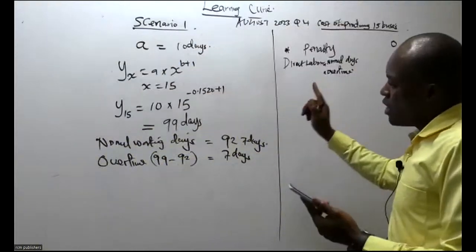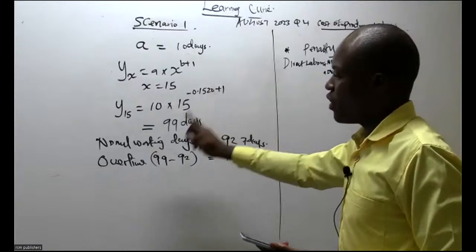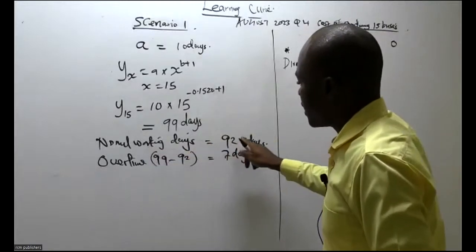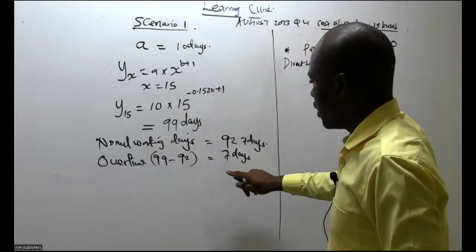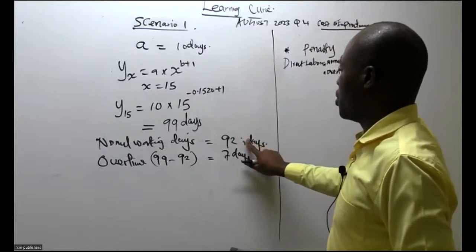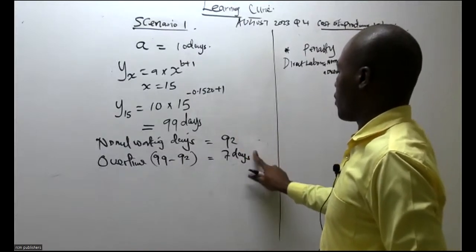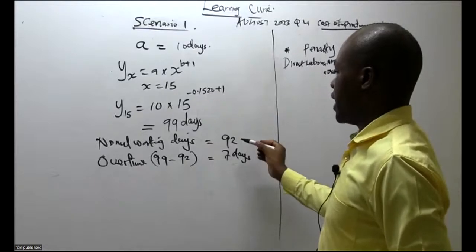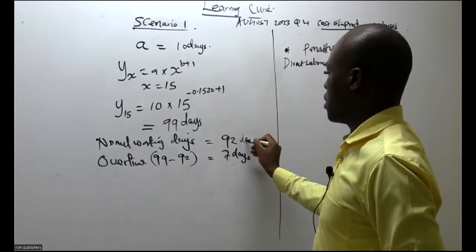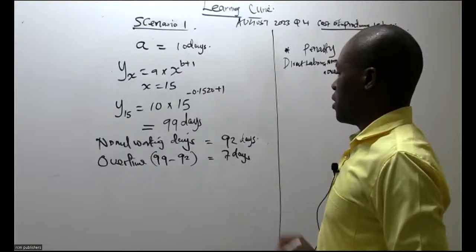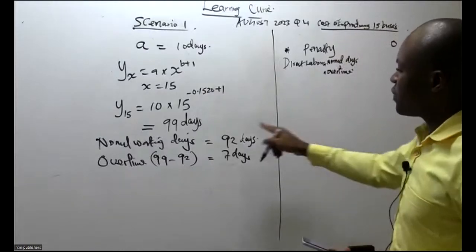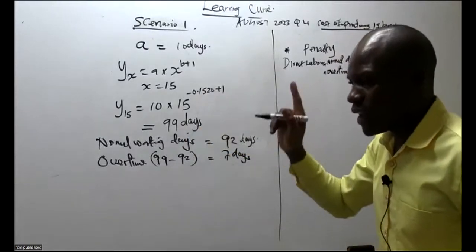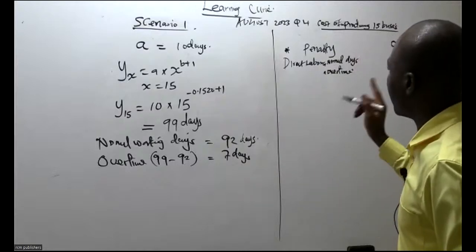Direct labor, we are being told that the normal working days is 92 days. So they have worked for 99. It means the first 92 days, they're going to be paid at the normal rate.